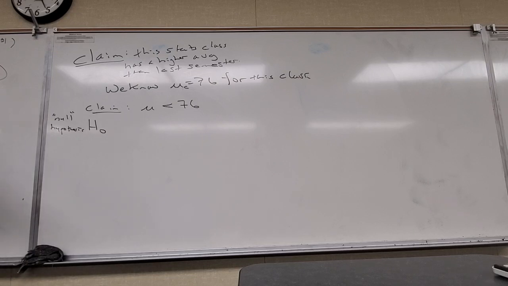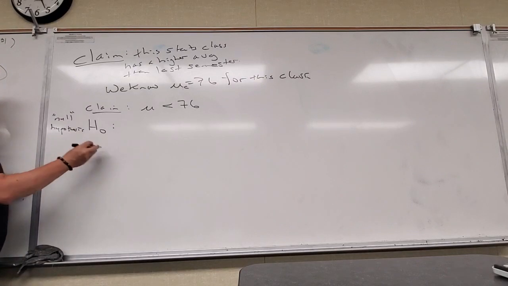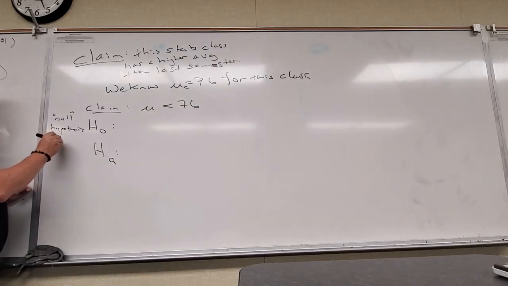It's sort of like just the original stance, assumed innocent until proven guilty. So the null is you're innocent, and you got to show evidence against that. The other one is the alternate hypothesis.